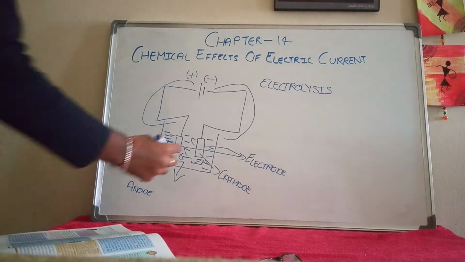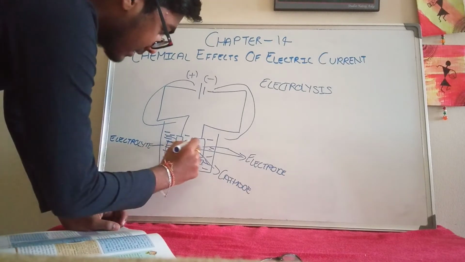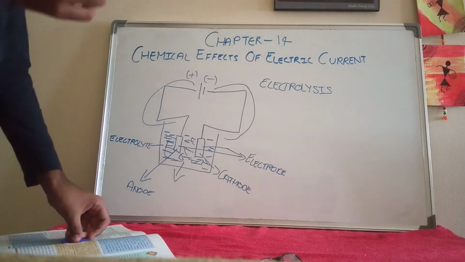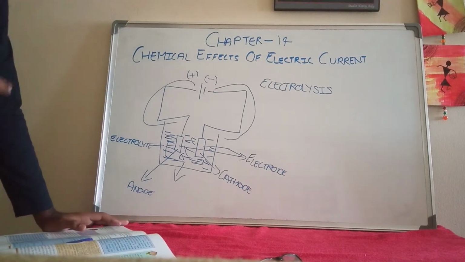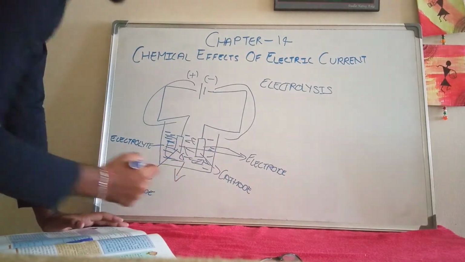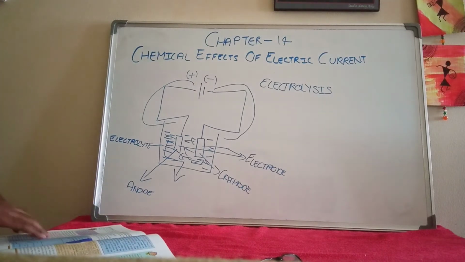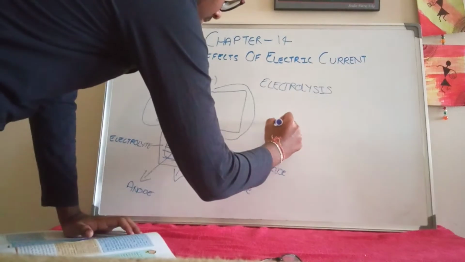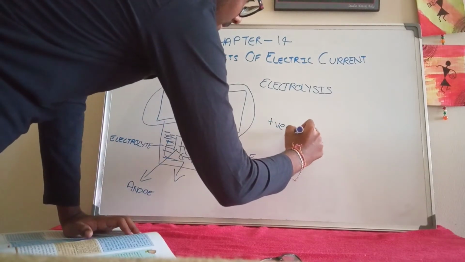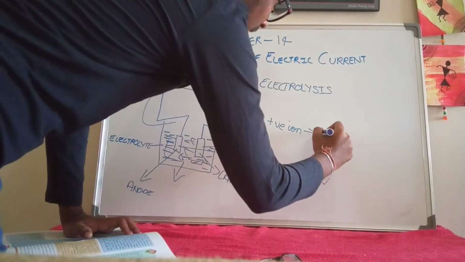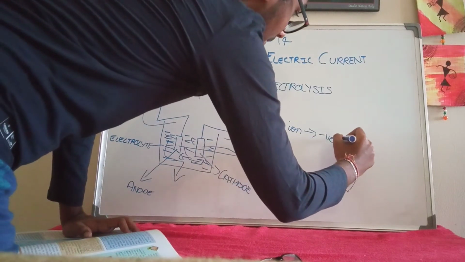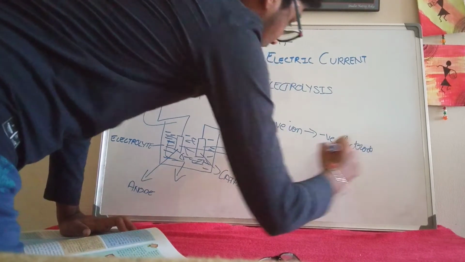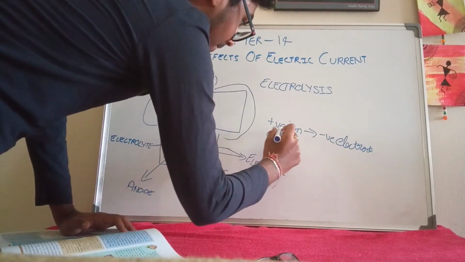Whenever electricity passes through this liquid, the liquid breaks down into ions, and the positive ion, the cation, goes to the negative terminal, because we learned that unlike charges attract each other. So the positive ion gets attracted to the negative electrode, that is the cathode.